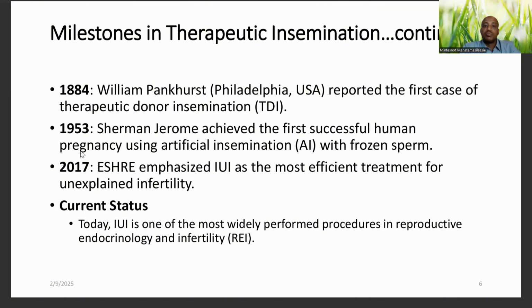The first frozen sperm was used for artificial insemination in 1953 by Sherman Jerome. And in 2017, ESHRE emphasized IUI as the most efficient treatment for unexplained infertility. Currently, IUI is one of the most widely performed procedures in reproductive endocrinology and infertility, especially in developing countries.